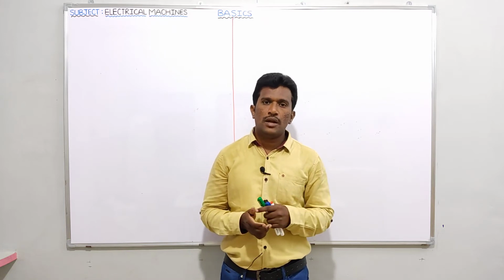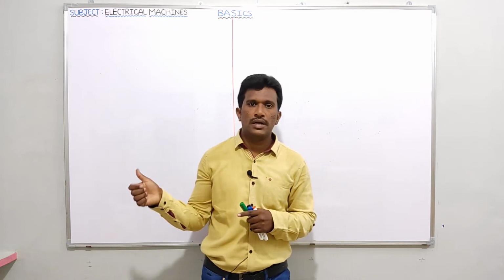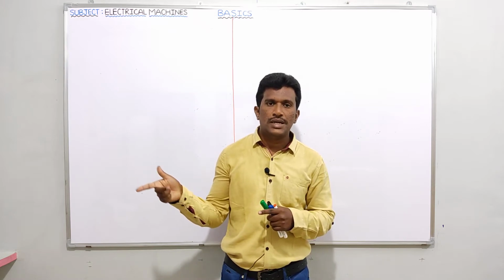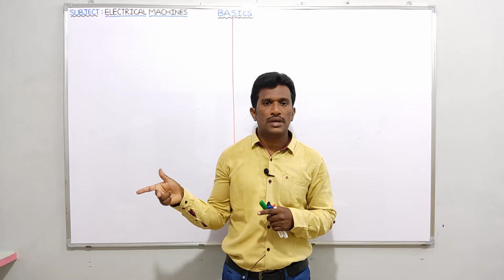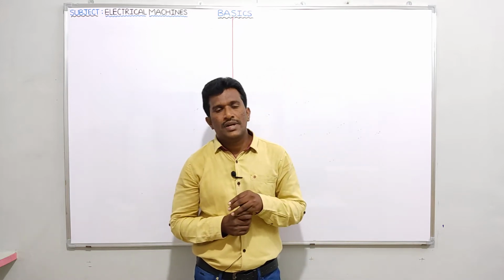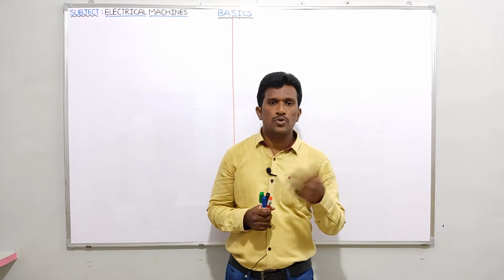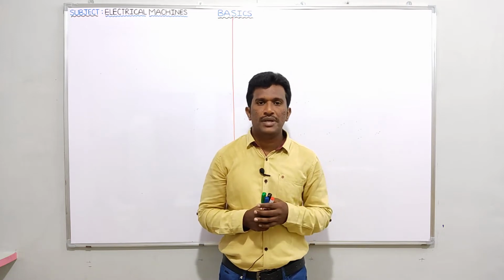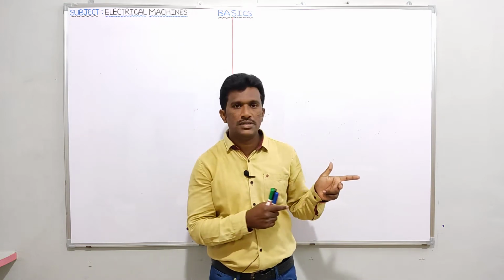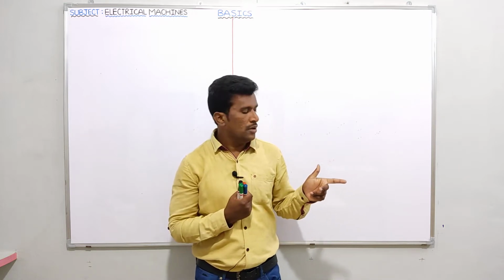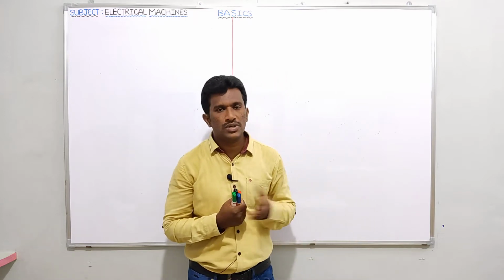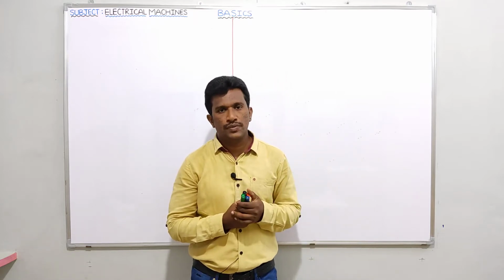In Fleming's right hand rule, I said thumb indicates mechanical energy, forefinger magnetic energy, center finger or middle finger electrical energy. Similarly, I explained the motor principle. So the direction of force experienced because of motor action is given by Fleming's left hand rule. In Fleming's left hand rule, I told center finger means electrical energy, forefinger means magnetic energy, thumb means mechanical energy. That was the conclusion in the last video.